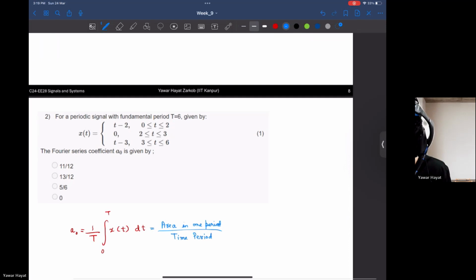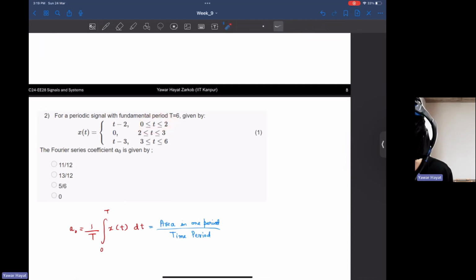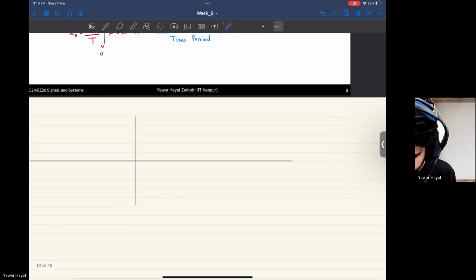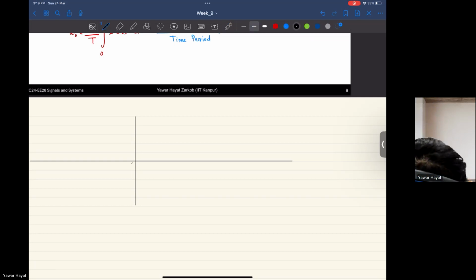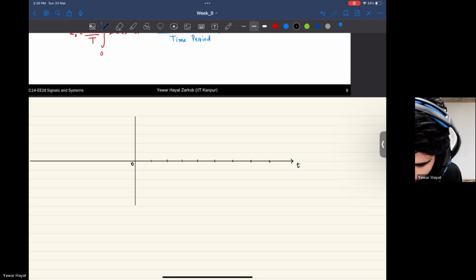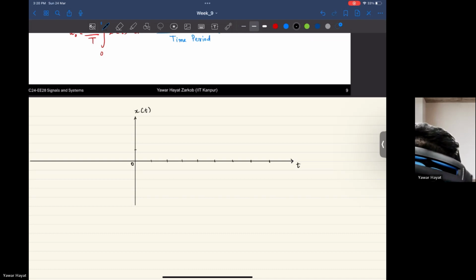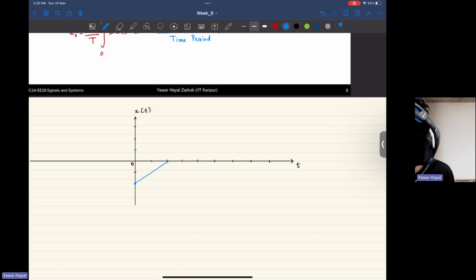From the definition, from 0 to 2, it's t minus 2. Why is that the case?